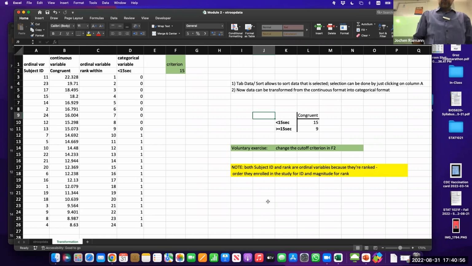First of all, we can rank them within our data set. So if we say this is concurrent only, that was the slowest, that was the fastest, we can order them from 1 to 24. This is an ordinal variable. That's the ranking: you're slow, you're fast.